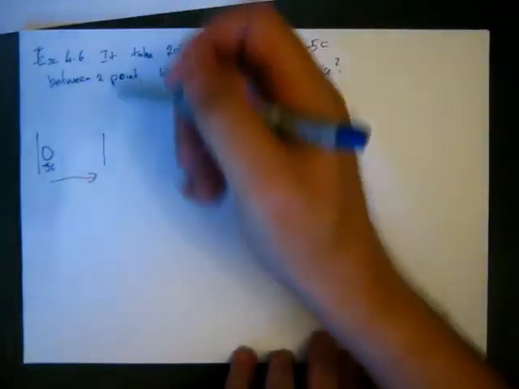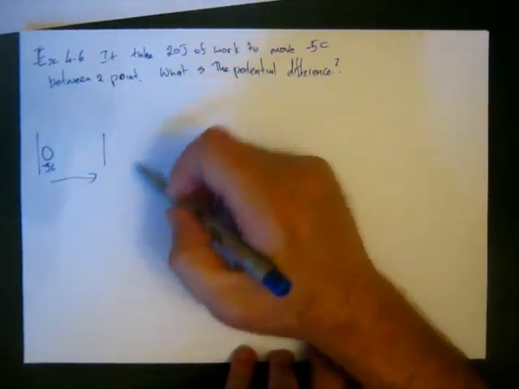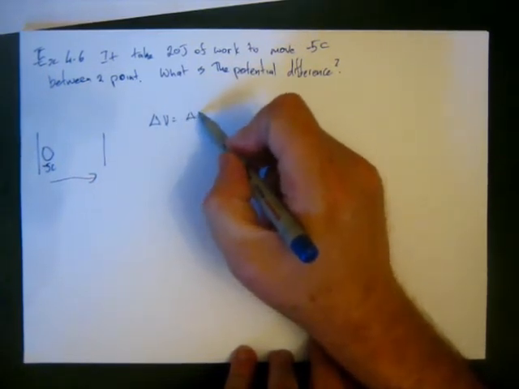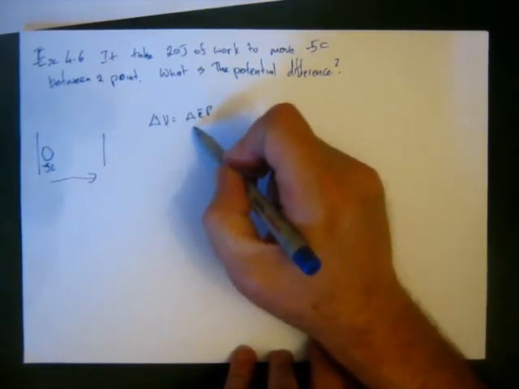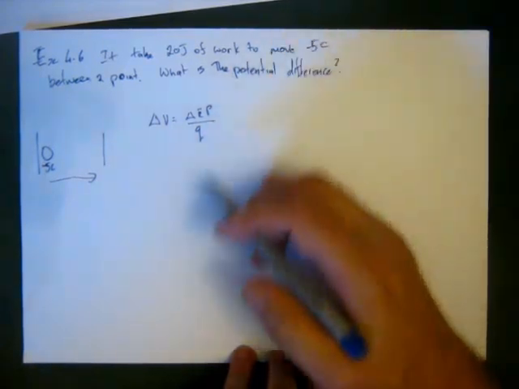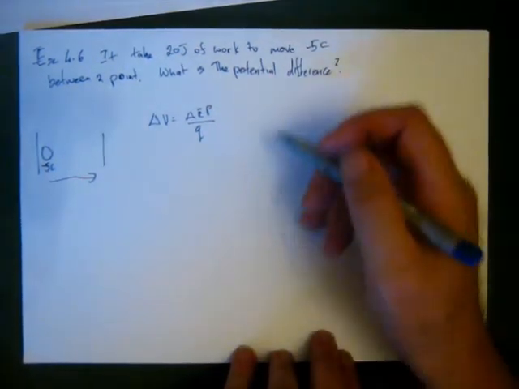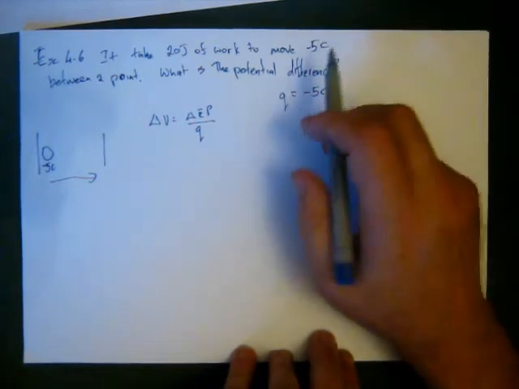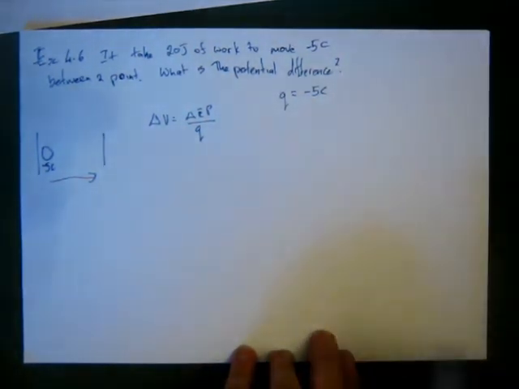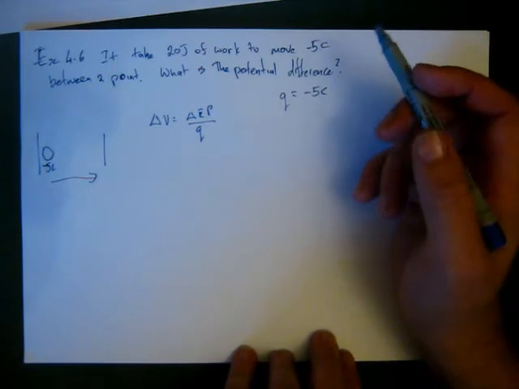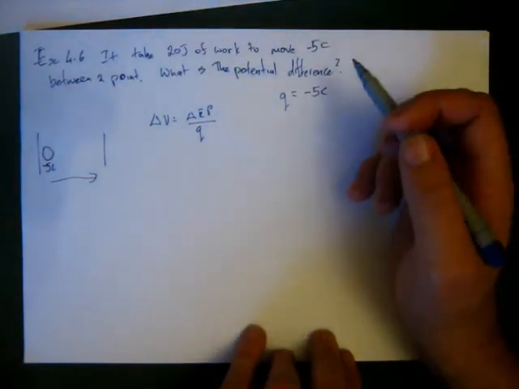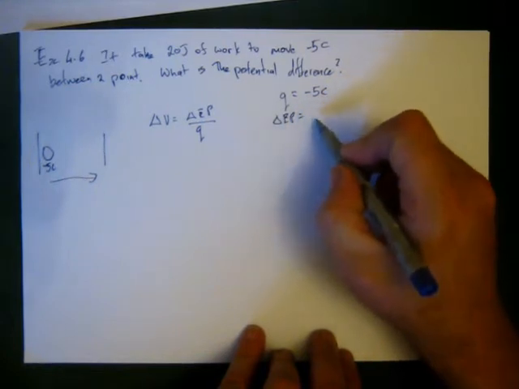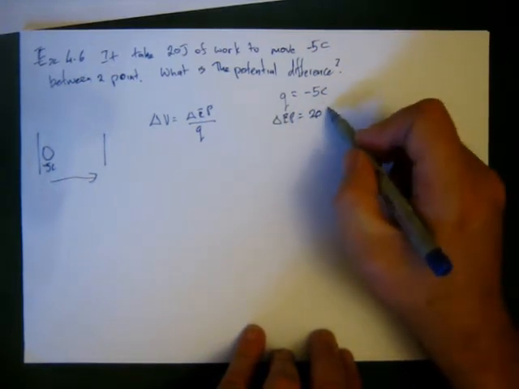So again, we're going to use change in V is equal to change in EP over Q. Well, what do we know? We know Q is equal to negative 5 coulombs. We know the change in potential energy, change in EP, is equal to 20 joules.